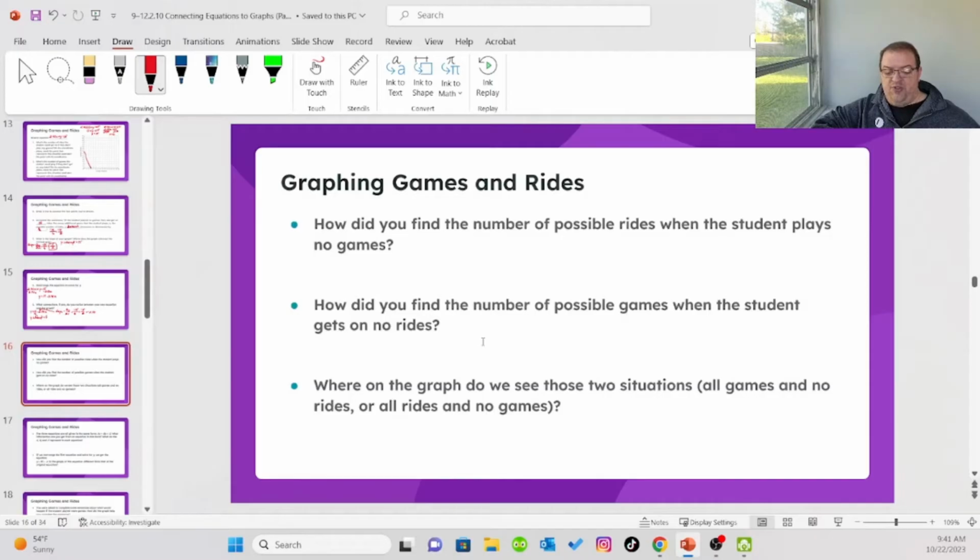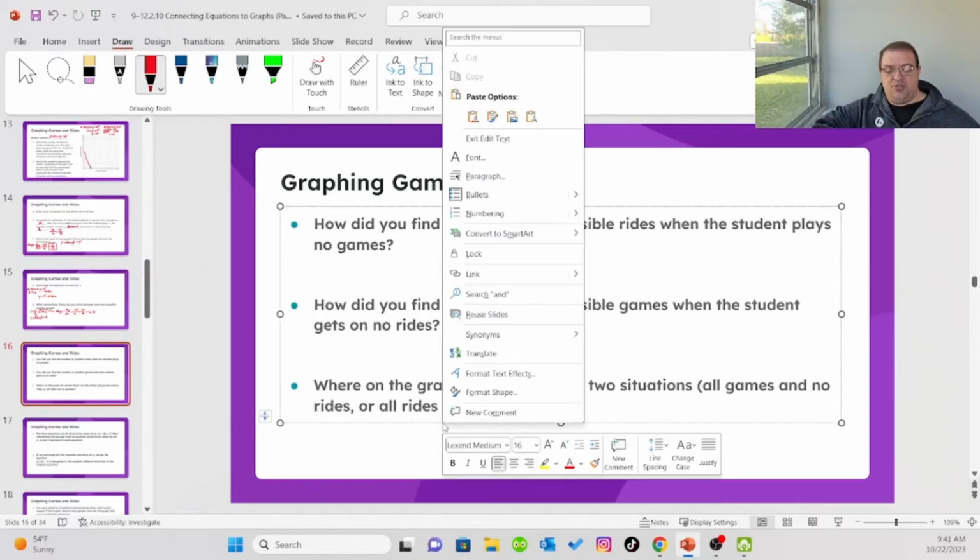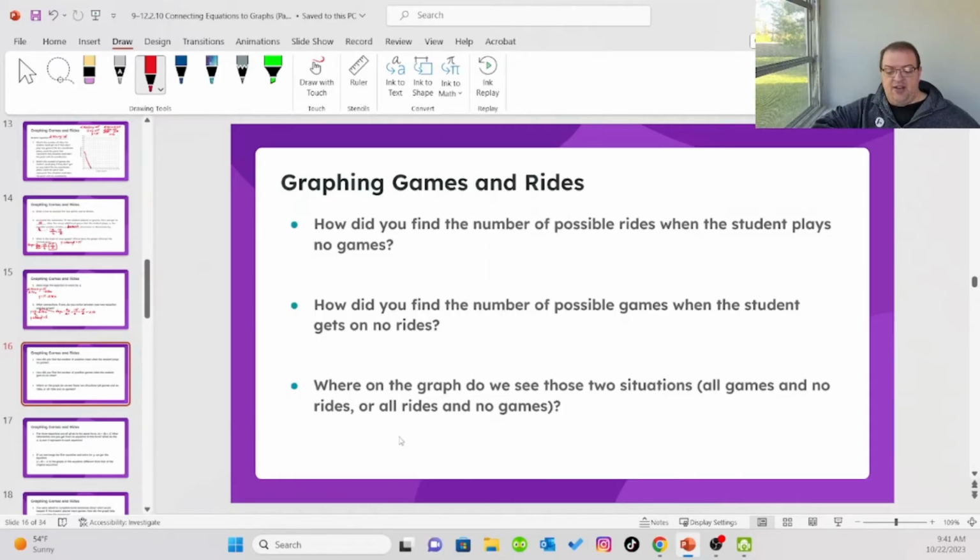Where on the graph do we see those two situations? All games and no rides. Well, we see that at the x-intercept because games was x. Or all rides and no games. We saw that at the y-intercept because rides was represented by y.